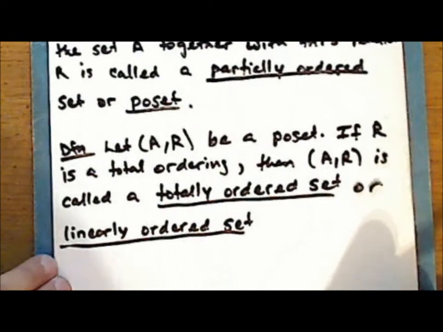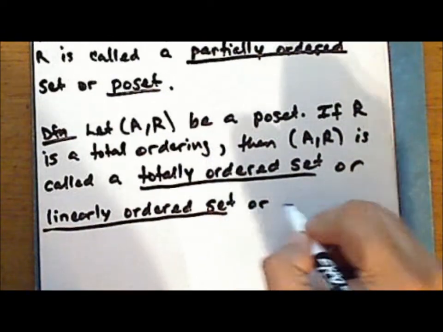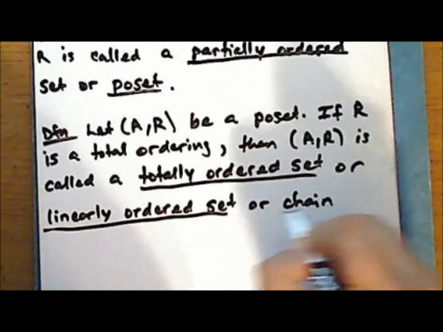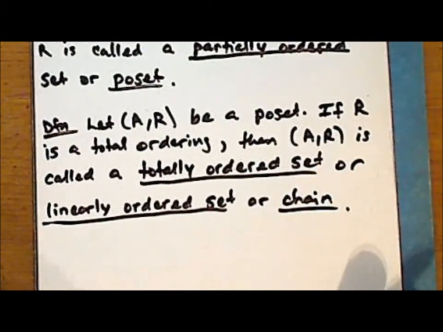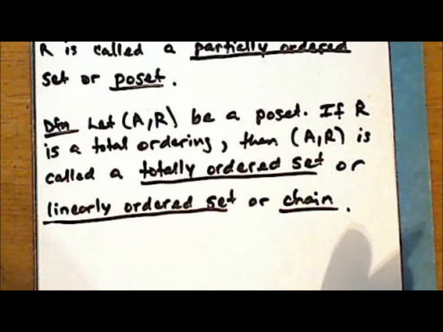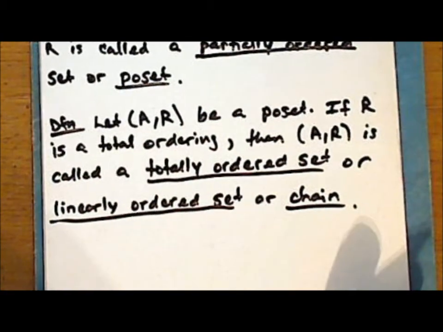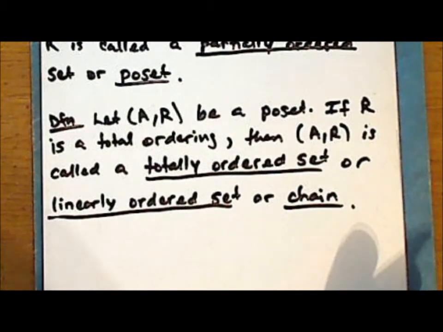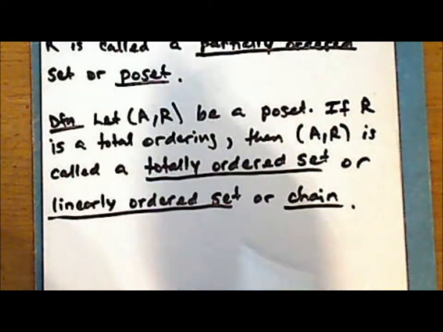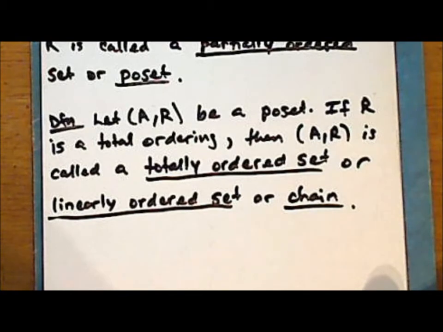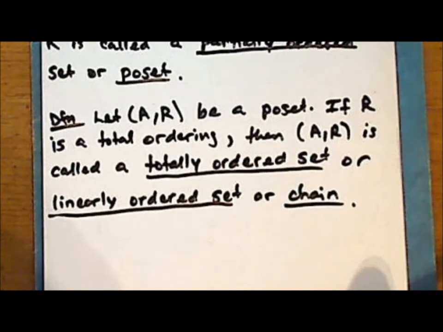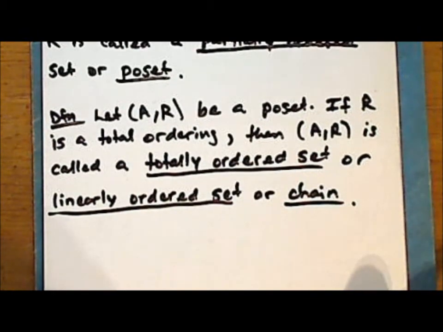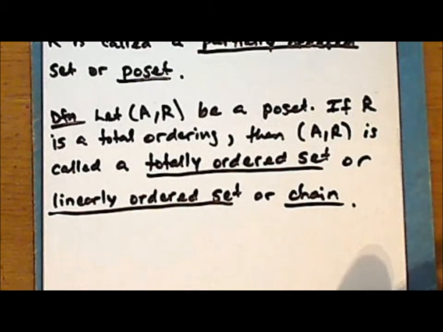And yet another word that is used is a chain. So a totally ordered set, linearly ordered set, or chain all refer to the same object, and that is an order structure on a given set. That is a set A together with a relation that is a total ordering and for which that relation is reflexive, antisymmetric, and transitive, then that collection is called a totally ordered set, a linearly ordered set, or a chain.